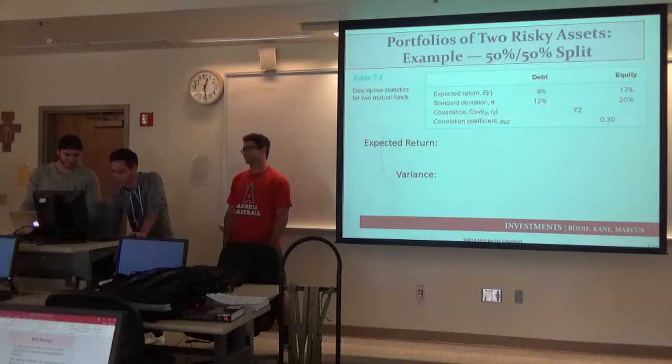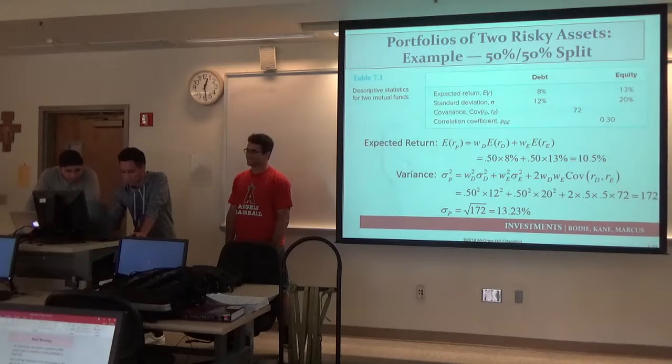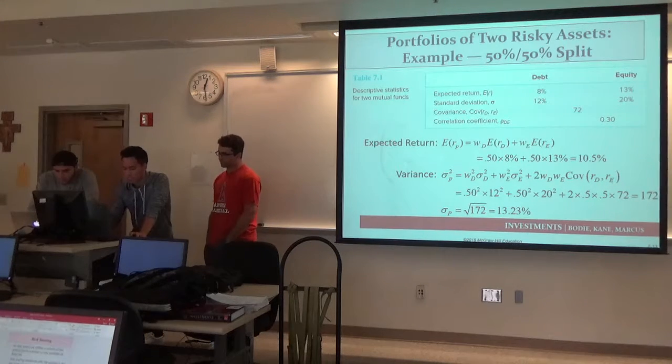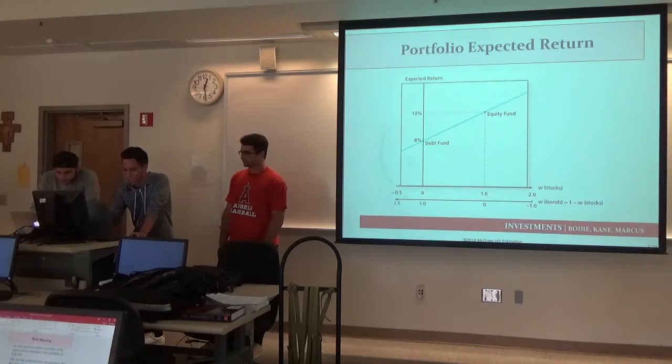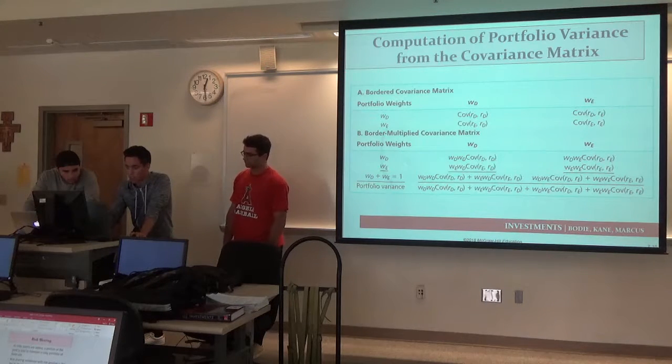This is the 50-50 split for a risky asset. Those are the formulas to calculate the expected return. You just plug in the numbers and solve using algebra. And then here's the graph of the two risky assets. There's the formula to figure it out.